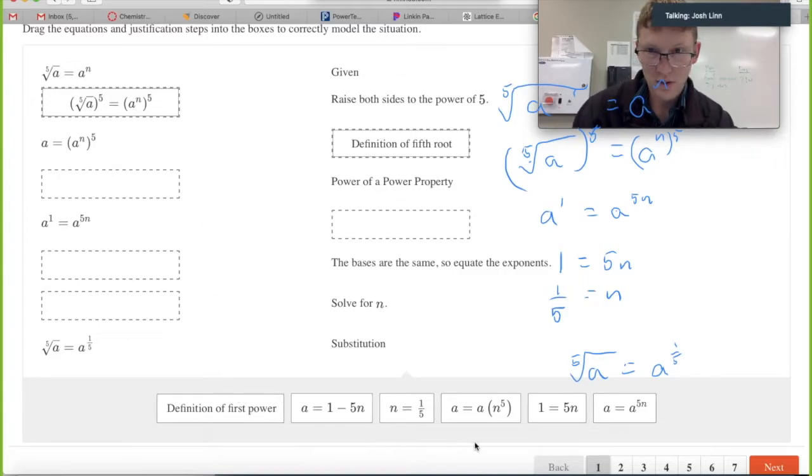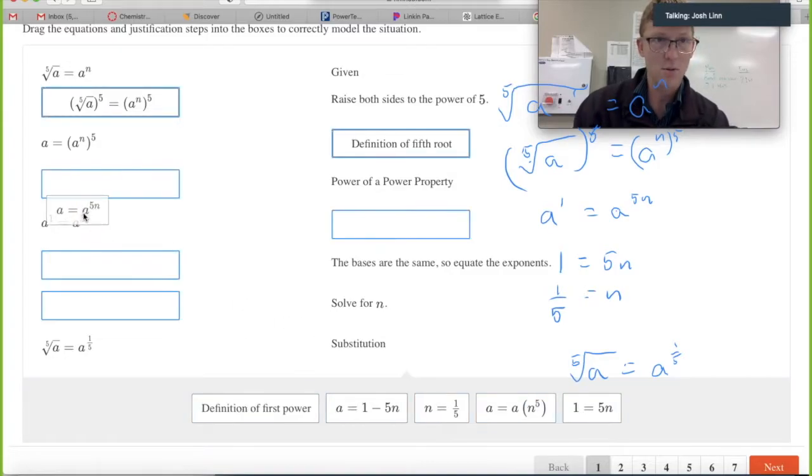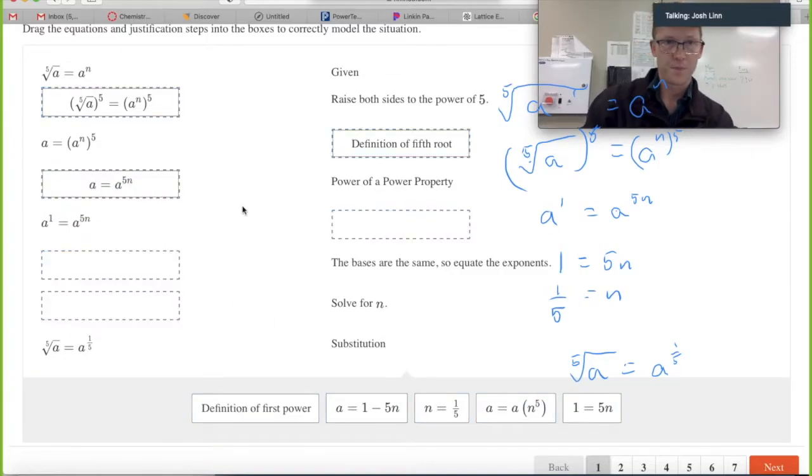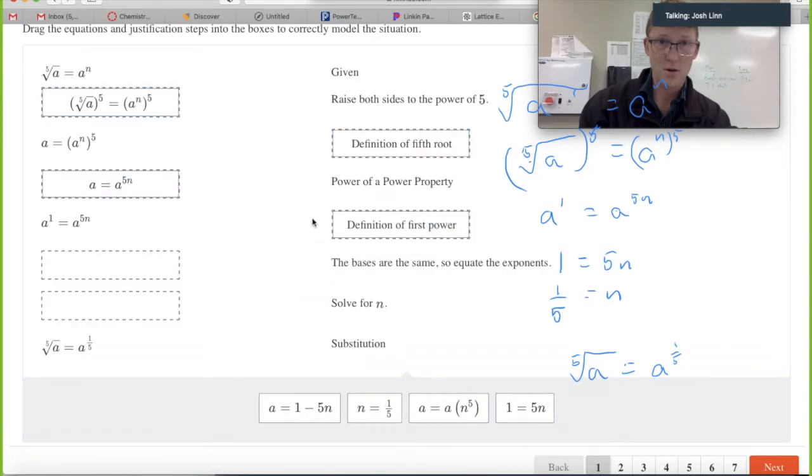So let's see here, a to the 5n, here we go. Then we have a to the 1 equals a to the 5nth. Definition of first power. I guess that's the definition of first power. I mean, it is, it's just weird how they write it. Anyway, the bases are the same, so equate the exponents.